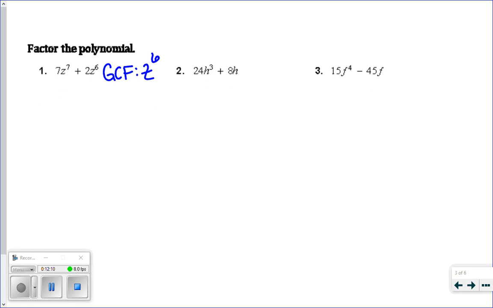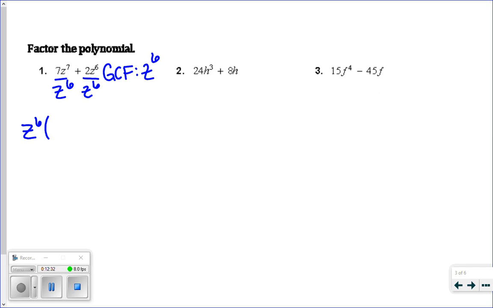That means that in a moment when we write this in factored form, I'm going to have that outside of the parentheses. It's going to be hanging out sitting there, kind of like before it would have been distributed. But what I need to know is what would have been in the parentheses here. So what I do is I divide each term by that GCF to find out what would go in the parentheses.